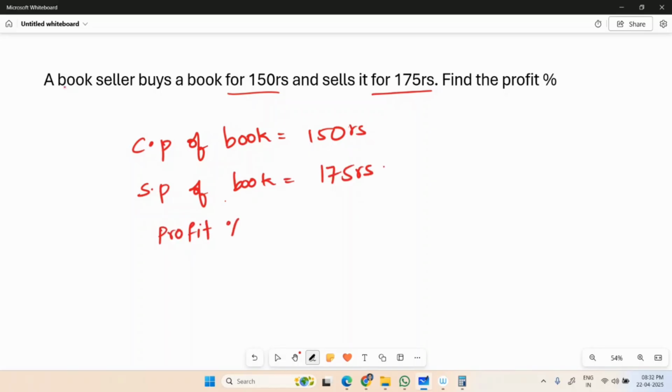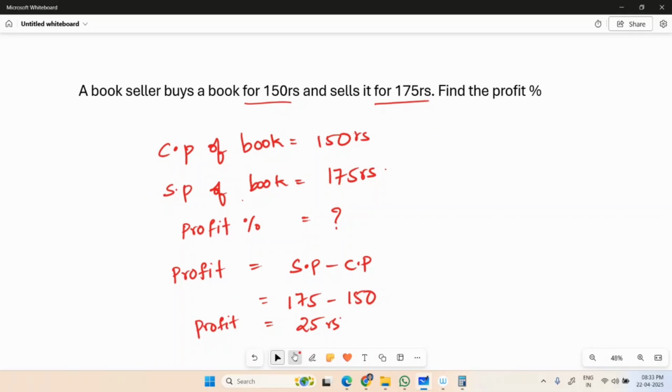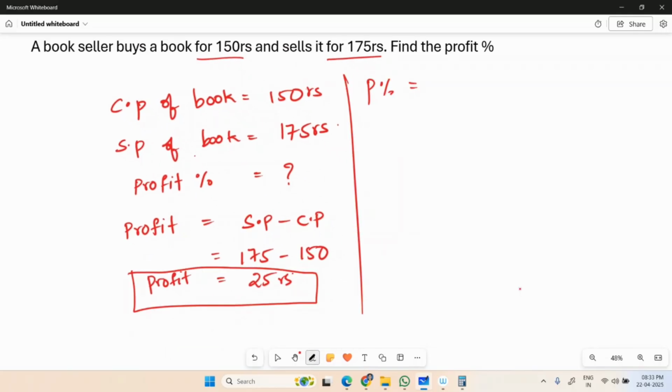We have to find out profit percentage, but we do not know how much profit the bookseller gets. So for that, first find out the profit. Profit equals selling price minus cost price. Selling price is 175 rupees minus cost price is 150 rupees, which is nothing but 25 rupees. So profit equals 25 rupees. Now we need profit percentage.